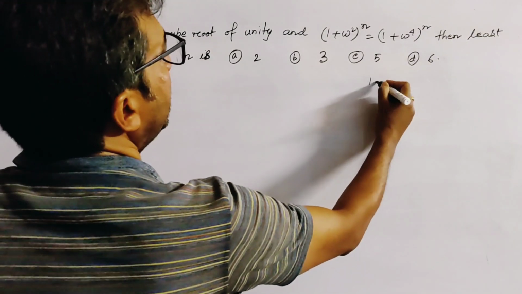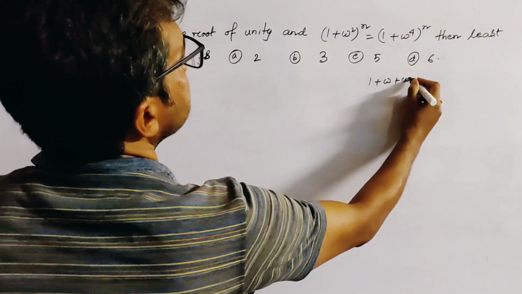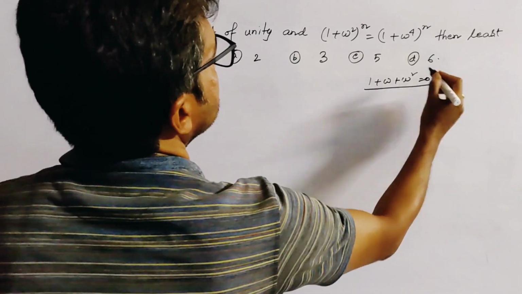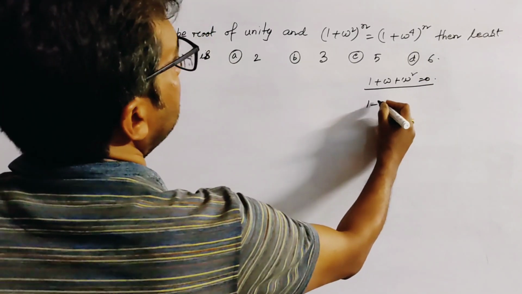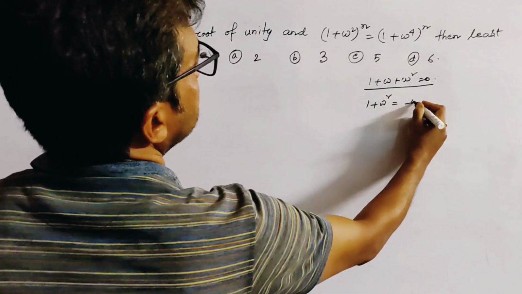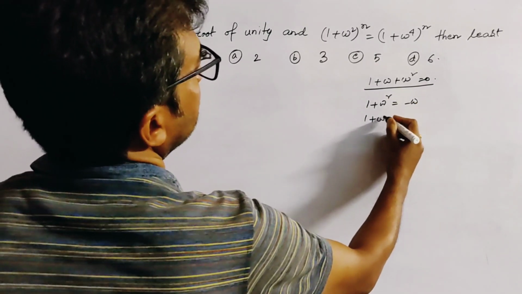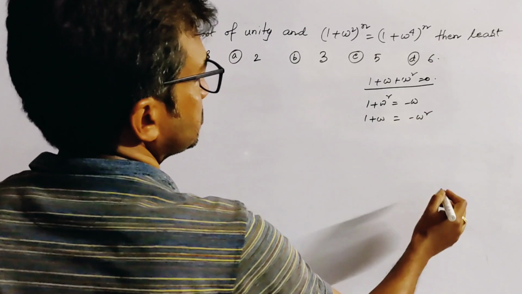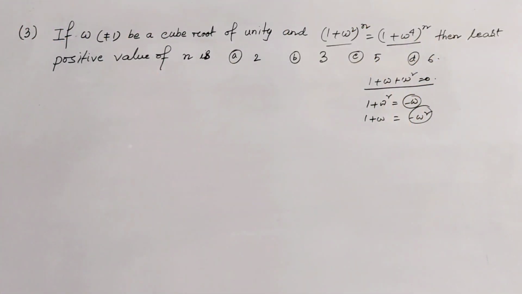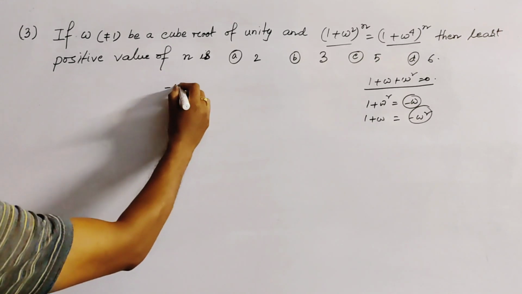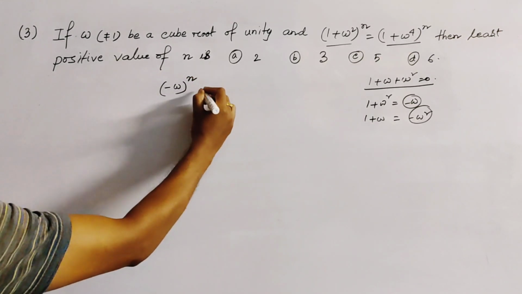We know that 1 plus omega plus omega square equals 0. This is the property of cube roots of unity. So 1 plus omega square equals minus omega, and 1 plus omega equals minus omega square. Put these two values in this expression.